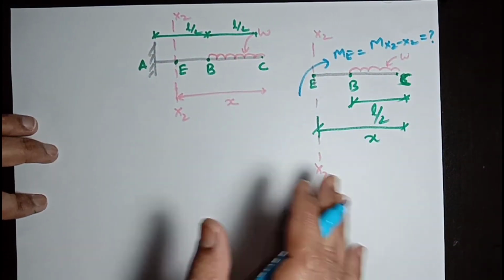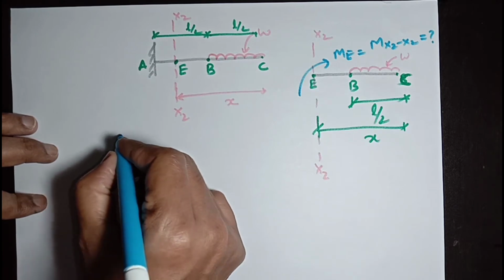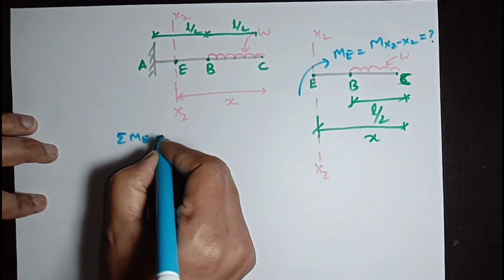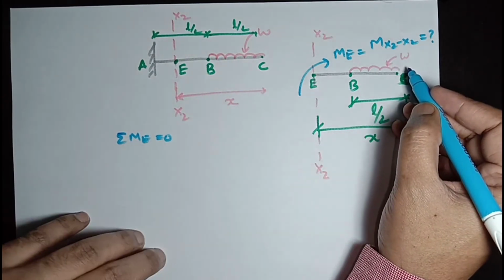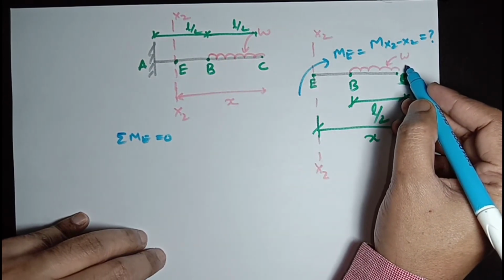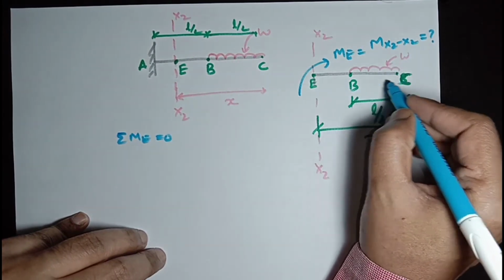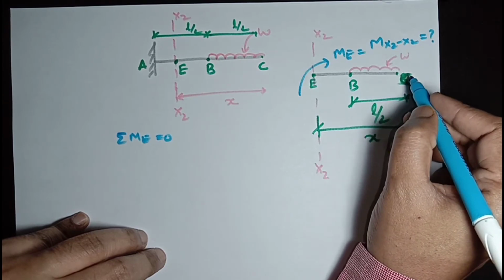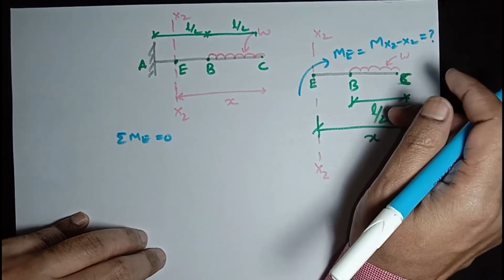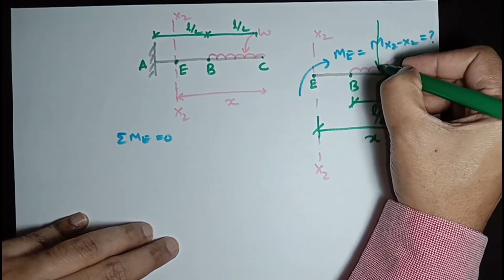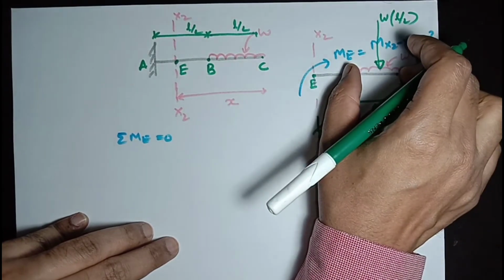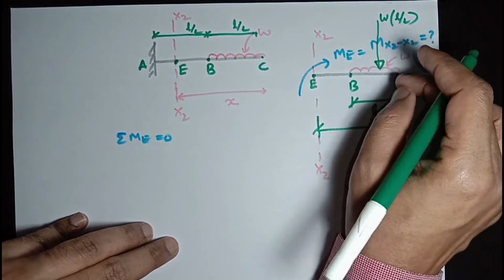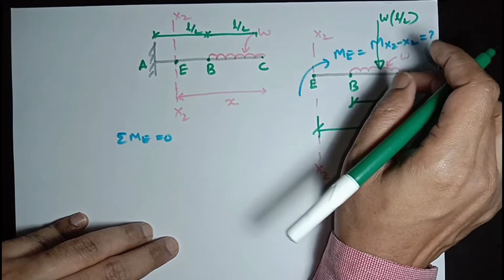Now from the equilibrium condition of moment, the total moment about E will be 0. This W is the UDL acting from B to C. The total load will be W multiplying with L by 2. WL by 2 will be the total load for this UDL, which will be acting at the center of this BC.